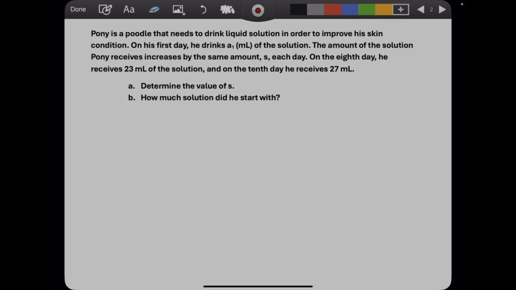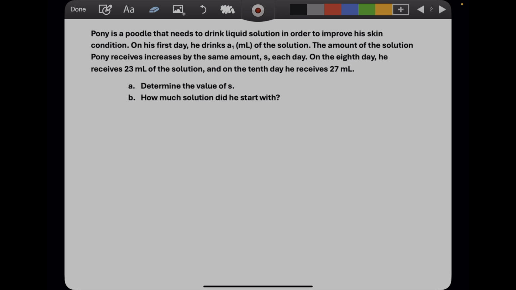On his first day, he drinks a sub 1 milliliters of the solution. The amount of the solution Tony receives increases by the same amount S each day. On the 8th day, he receives 23 milliliters of the solution, and on the 10th day, he receives 25 milliliters. Determine the value of S and how much solution he started with.